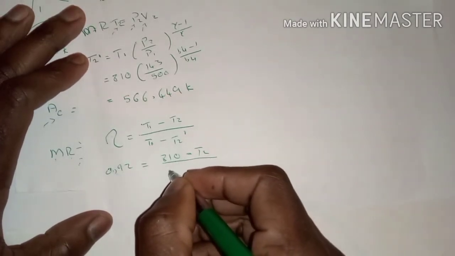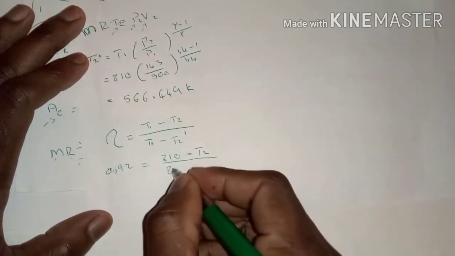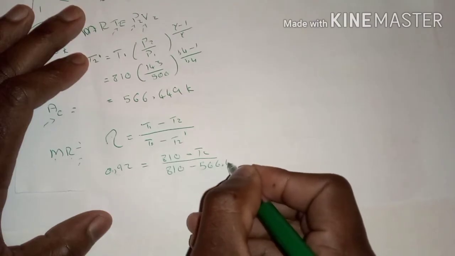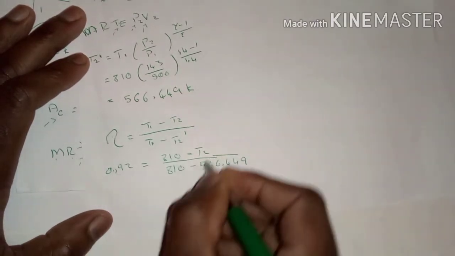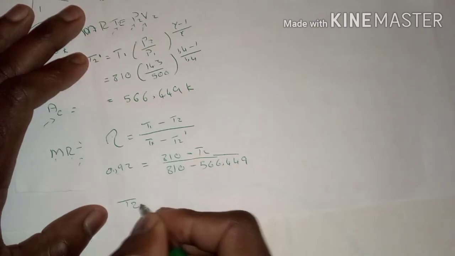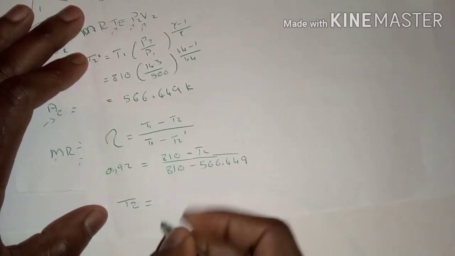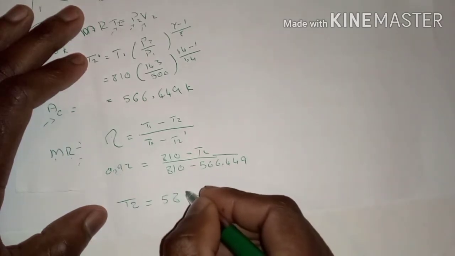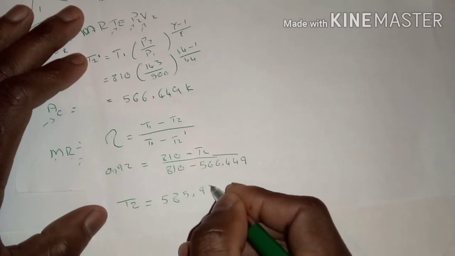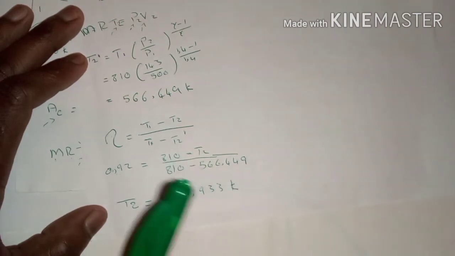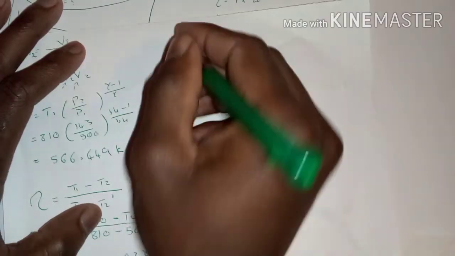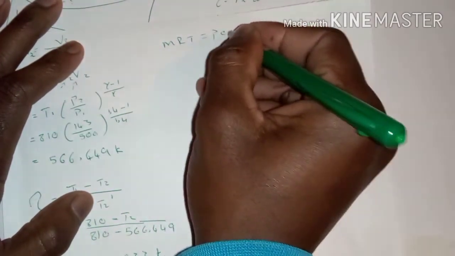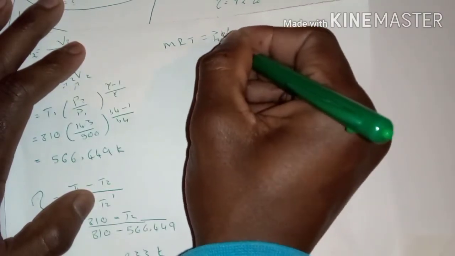So we are given what? T1 we have minus, this is what we just calculated for. Then we solve for this and got that our temperature number 2 is equal to 585.933 Kelvin. This is the temperature that we're going to use to calculate for our volume given by MRT equals PV. We're dealing with number 2.